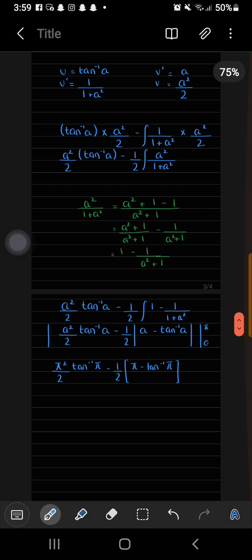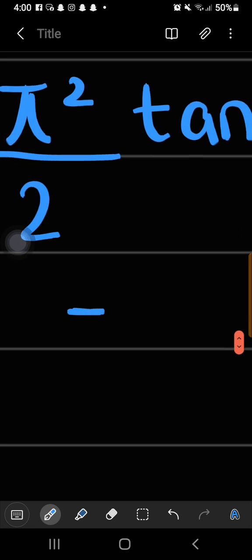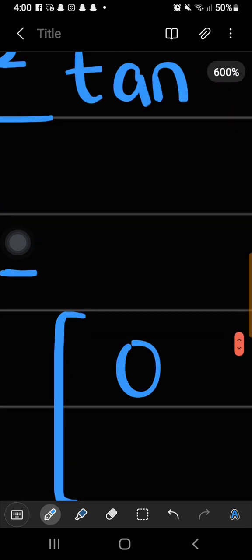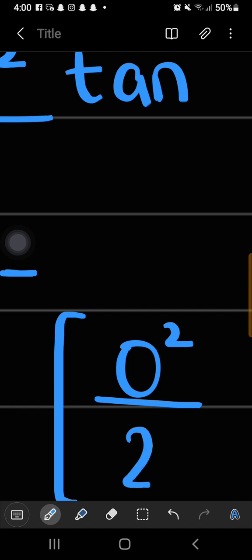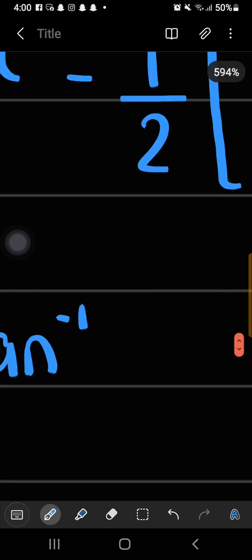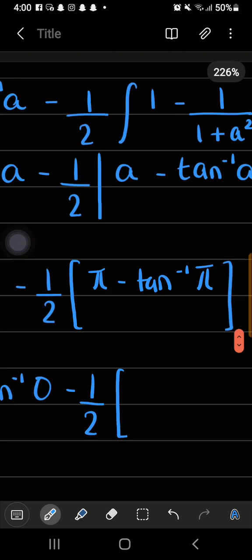Then we subtract the second limit, which is 0, so 0 square upon 2 tan inverse 0 minus 1 upon 2 times 0 minus tan inverse 0.